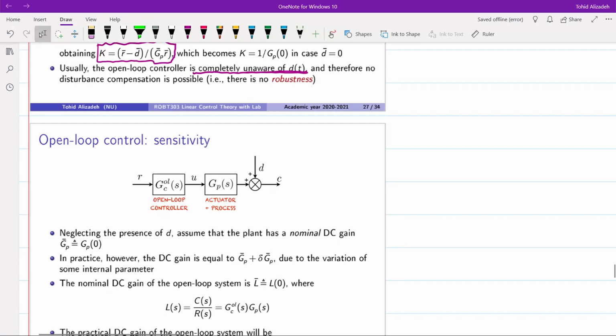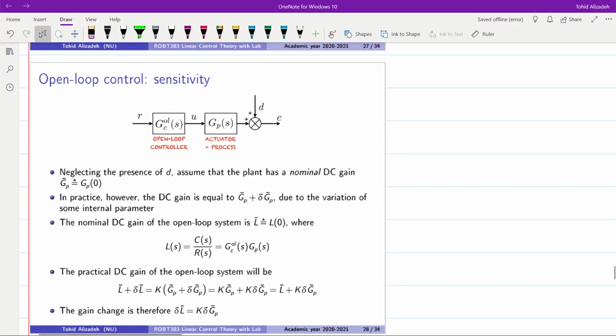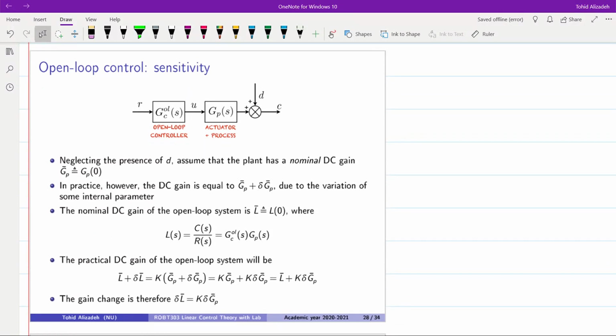The next thing is regarding the sensitivity. If for now we neglect the presence of D and assume that the plant has a nominal DC gain of GP0 as before, again here pay attention to the word nominal DC gain, then in practice the DC gain will not be exactly the same as what we have assumed.